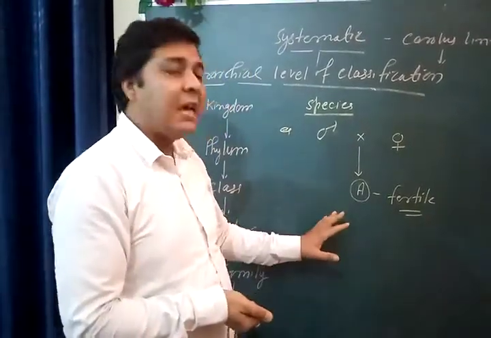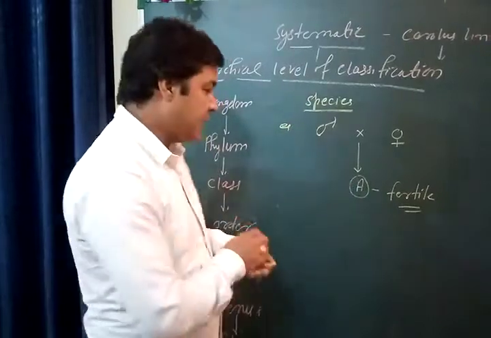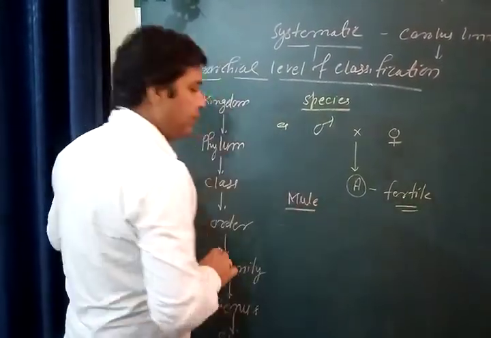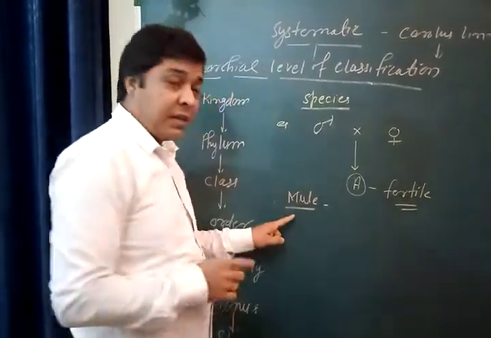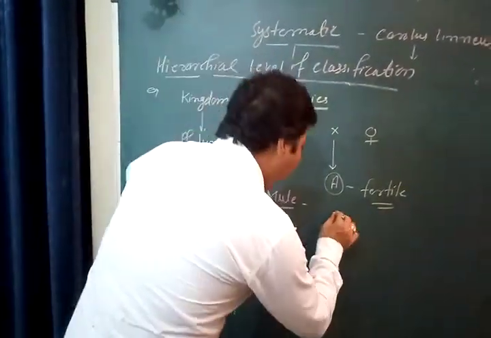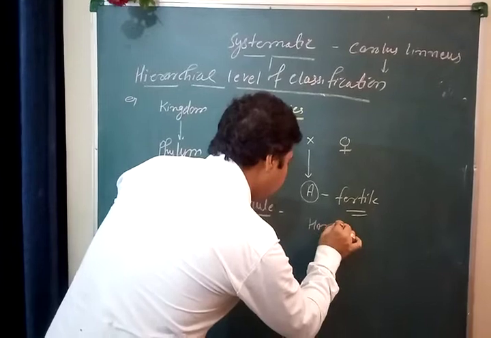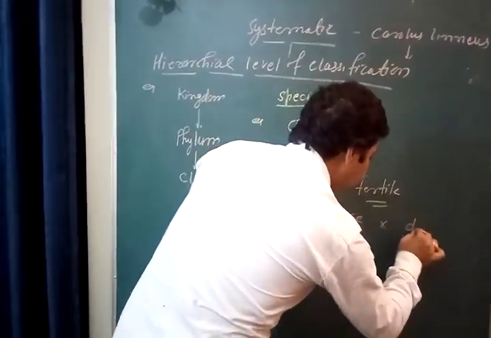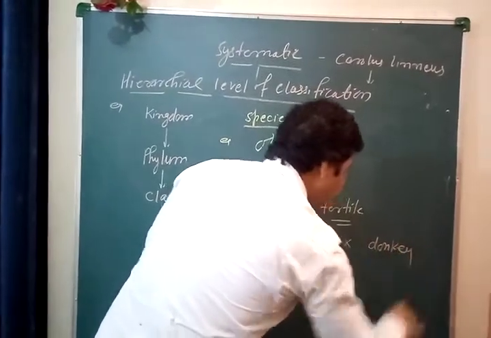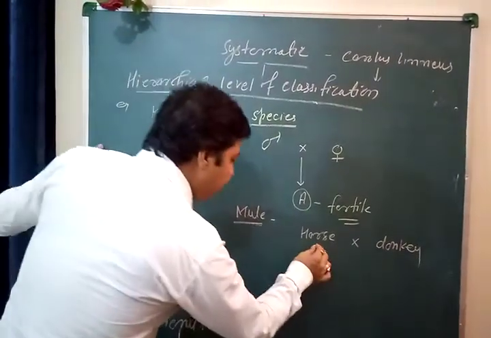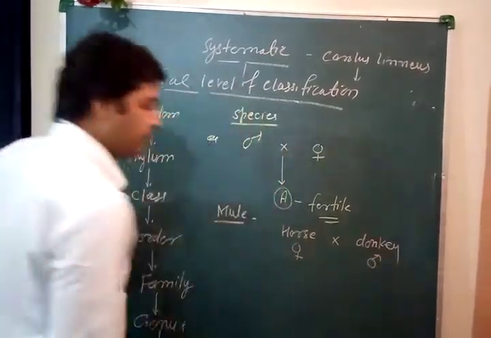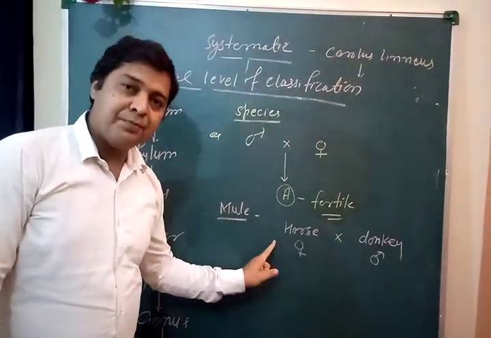But yes, we have some exceptions. What is the exception? In case of mule, it is a resultant of horse and donkey, where horse is female and donkey is male. Questions can be asked.